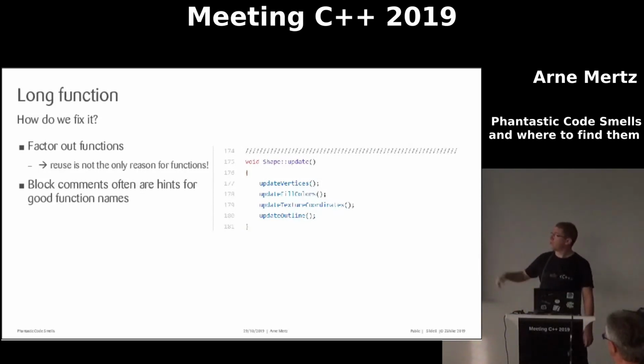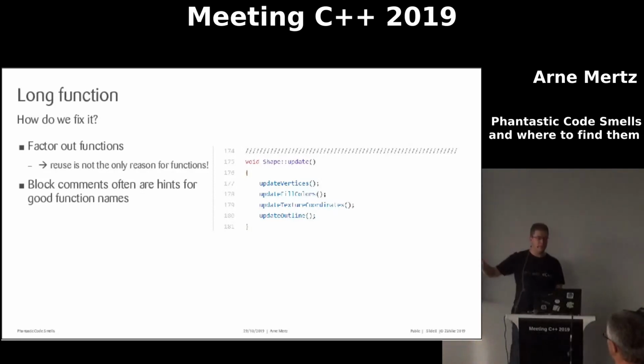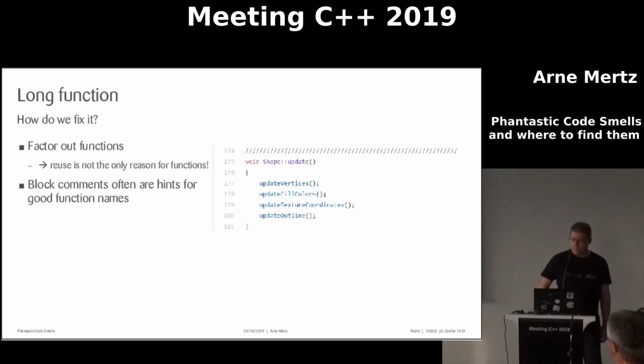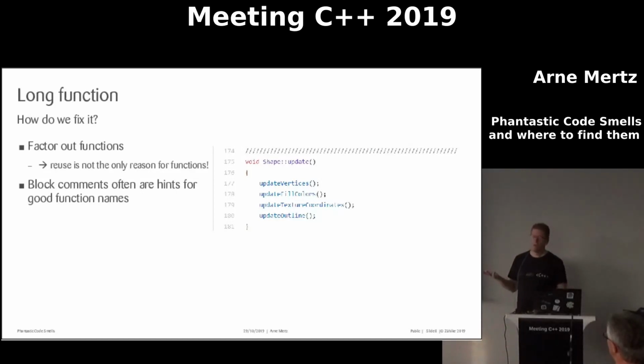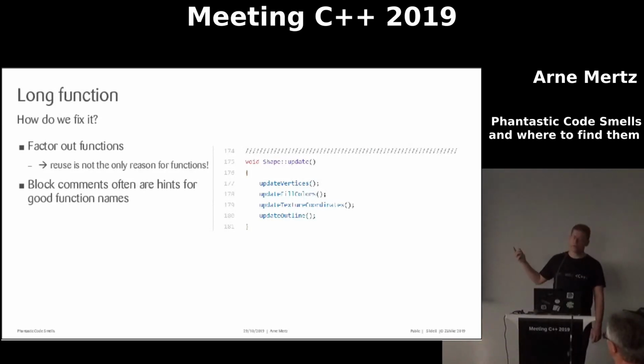So I don't take these single blocks of code and make them into a function name, but I just say, well, updating a shape means updating the vertices, the colors, the coordinates, the outline. How this is done in detail, if you need to know it, we can get into the function and read it. But if you only want to know at a higher level what is affected when I update my shape, this is it, and this is all I need to know.